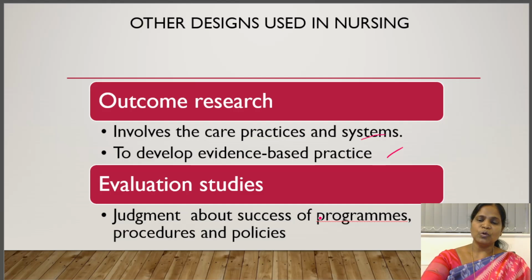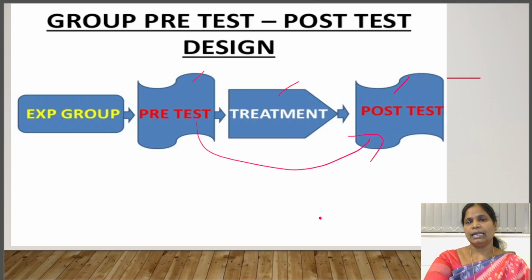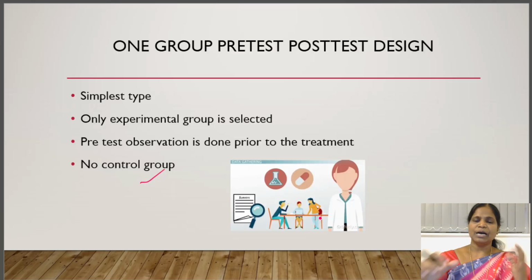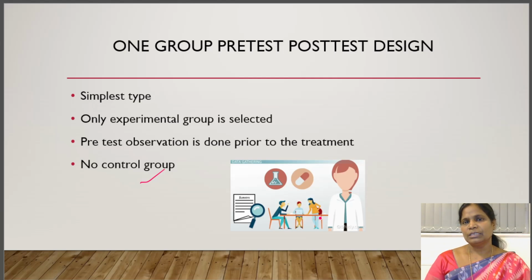Most students at BSc level use quasi-experimental research designs, and at the master's and PhD levels it is always preferred they go for true experimental research designs. According to what you want to show or add to the nursing profession, what you want to prove, you select a research design.